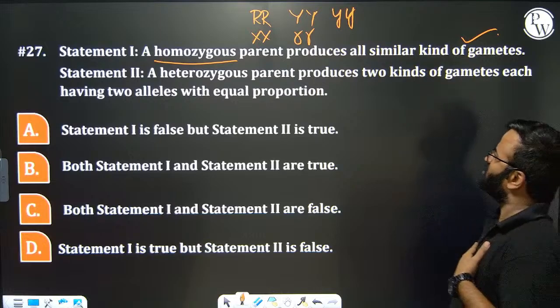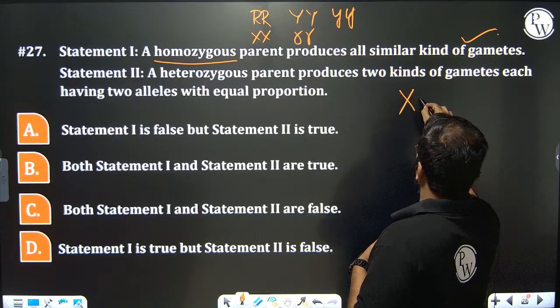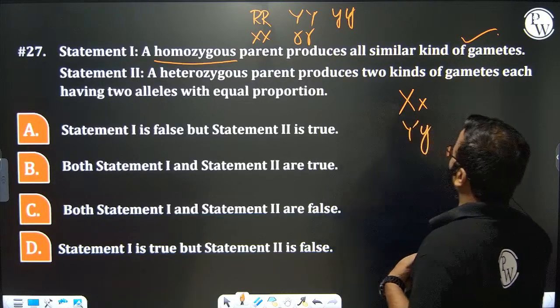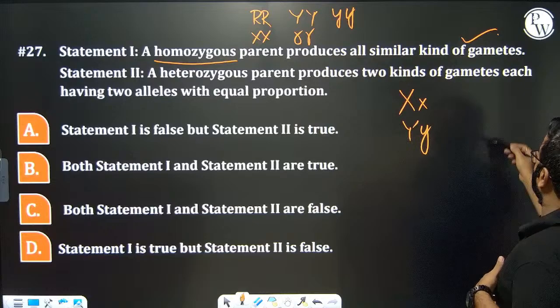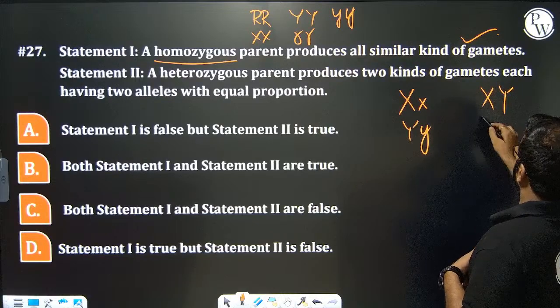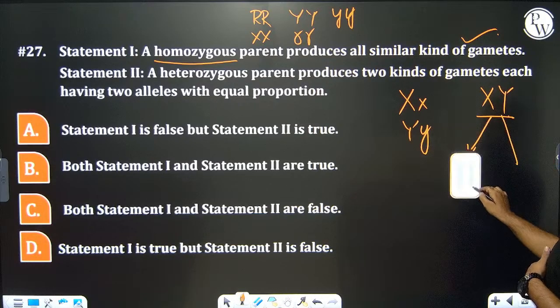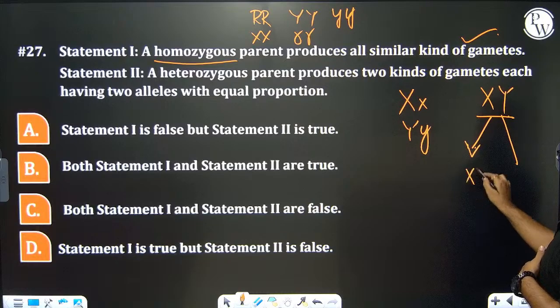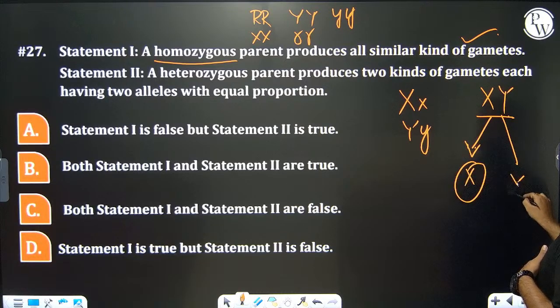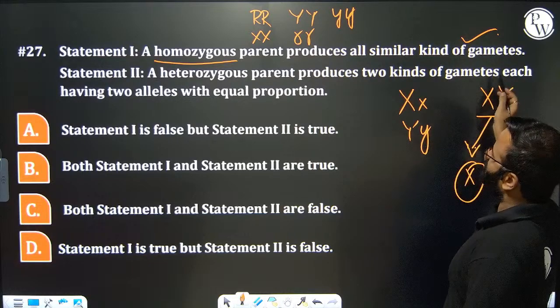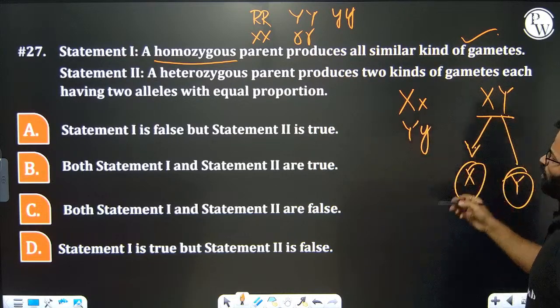A heterozygous parent, like this, which is male in this condition, produces two kinds of gametes. This is one gamete. This is another gamete. Two kinds of gametes, each having two alleles? No, only one allele.